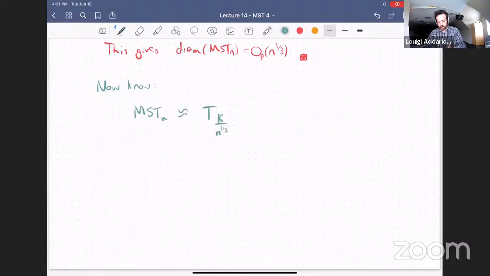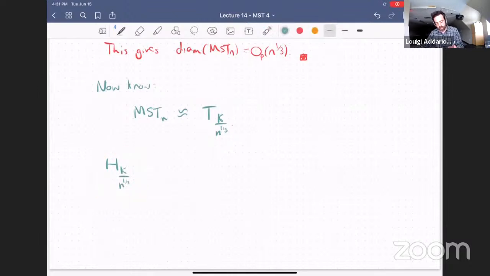Okay. So you could think about trying to understand this tree directly to get a better handle on the structure of the minimum spanning tree. One way to do that is to take the minimum spanning tree of the largest component, H at time k over n to the third. And these large components, we actually understood their structure.